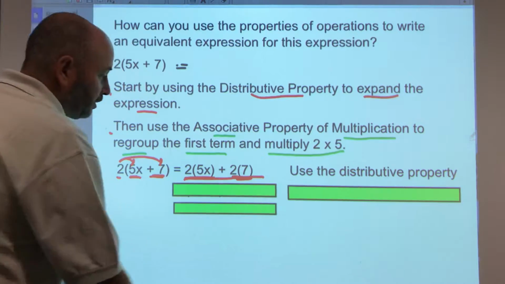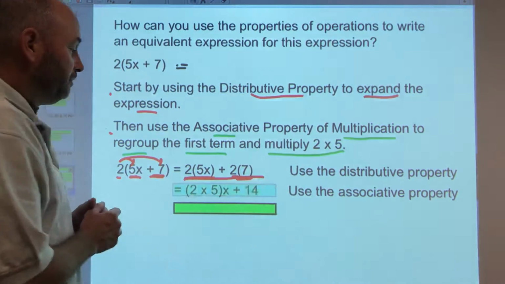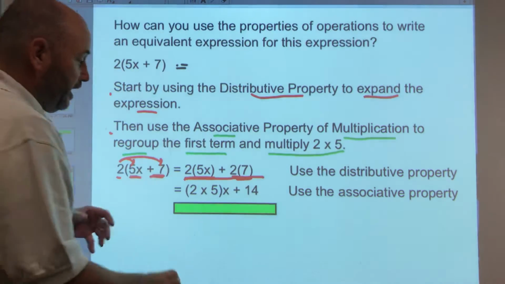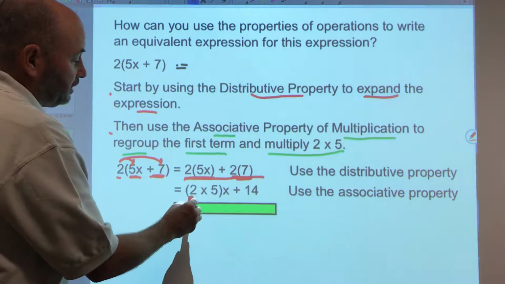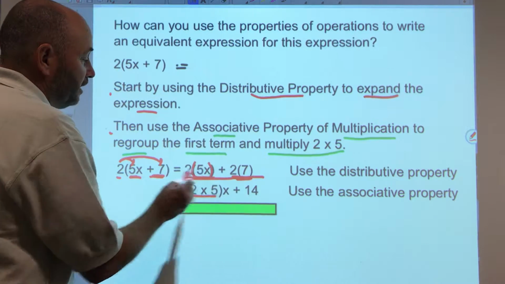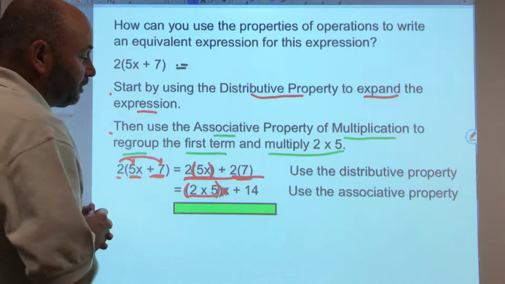Okay? Now what we're going to do is we're going to use the associative property, and we're going to group things together. Okay? So now we're going to take the 2 times 5, and instead of doing 5 times x, we're going to do 2 times 5 and have the x right there.